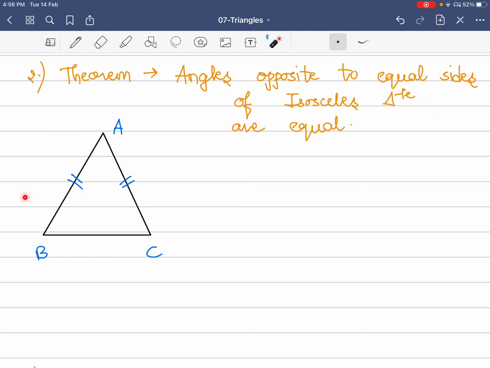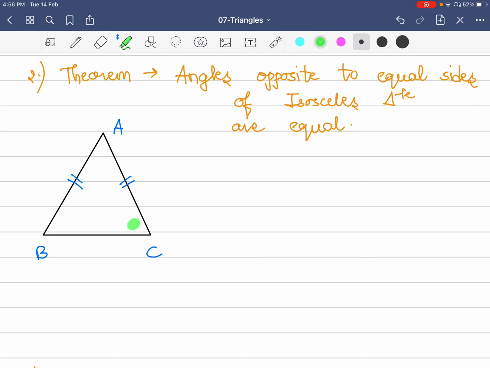Is this an isosceles triangle? Yes, as per the definition that we saw just now, this is definitely an isosceles triangle because two sides are equal to each other. Now, what does this theorem say? Angles opposite to equal sides. These are the two equal sides. The angle opposite to side AB is this angle. I'm just going to use a highlighter.